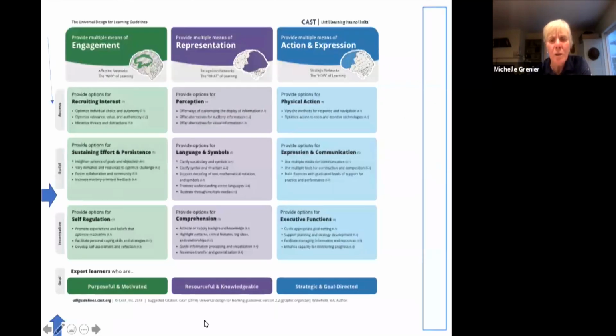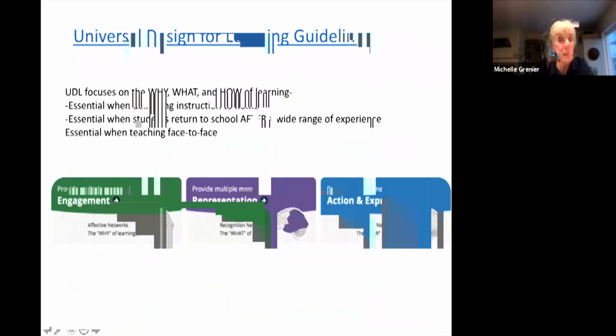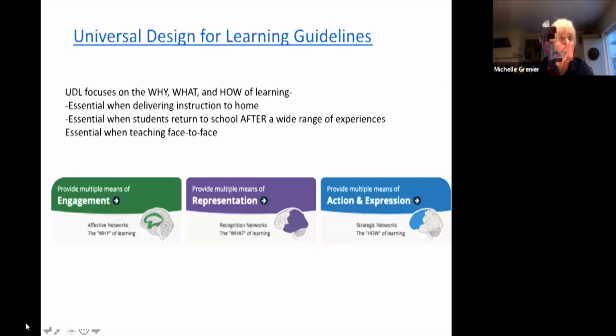And if we look at it on a larger scale, in our book on universal design for learning in physical education, we have taken all of these three principles: engagement, representation, action, and expression, and each of the components within them: recruiting interest, perception, and physical action, and we've translated them for physical education.